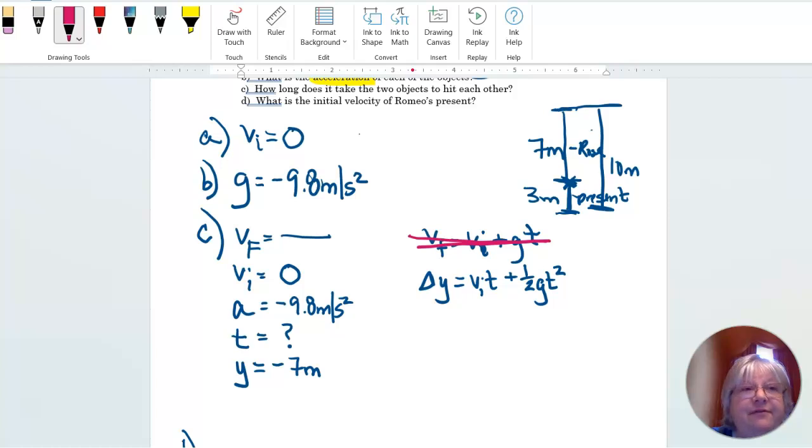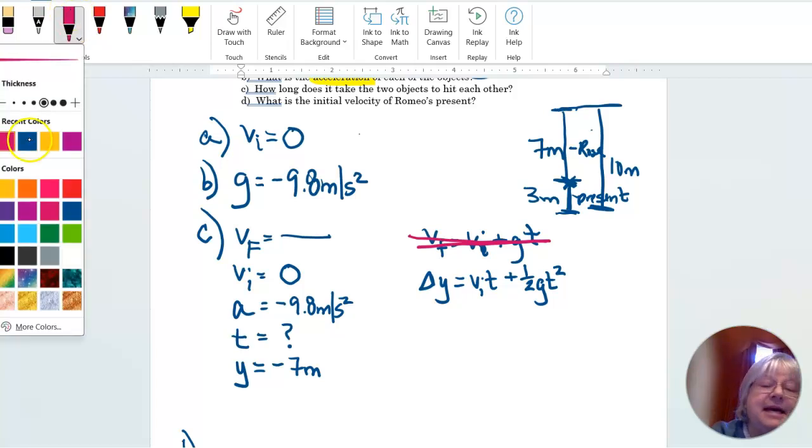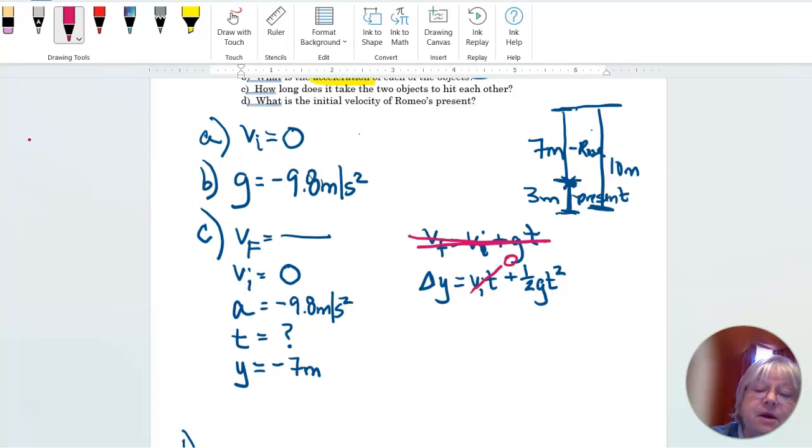Since I don't know VF, I can't use that equation because it would give me two unknowns. I am instead going to use the second equation because even though my VIT drops out, I'm left with delta Y, which I know, 1/2, which is a constant, G, which I know, and then I'm looking for T, so I have everything that I need.